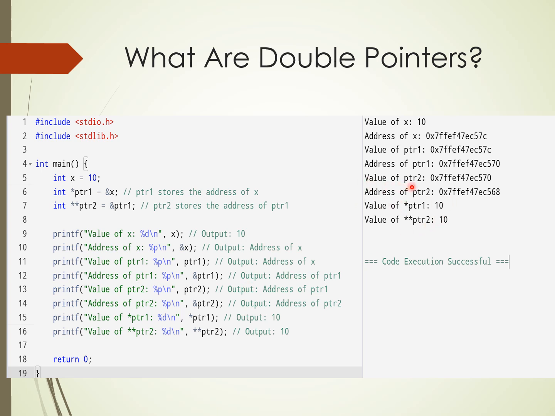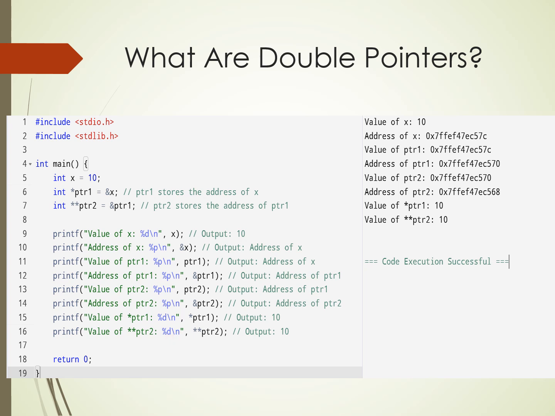The value of ptr1 and the address of ptr1 are different, and the address of ptr2 and the value of ptr2 are different. Now, at the end, we are printing the value of ptr1 and ptr2, which is 10. We are printing it with %d at the end. So we are printing the pointers with %p and we are printing the variable with %d.